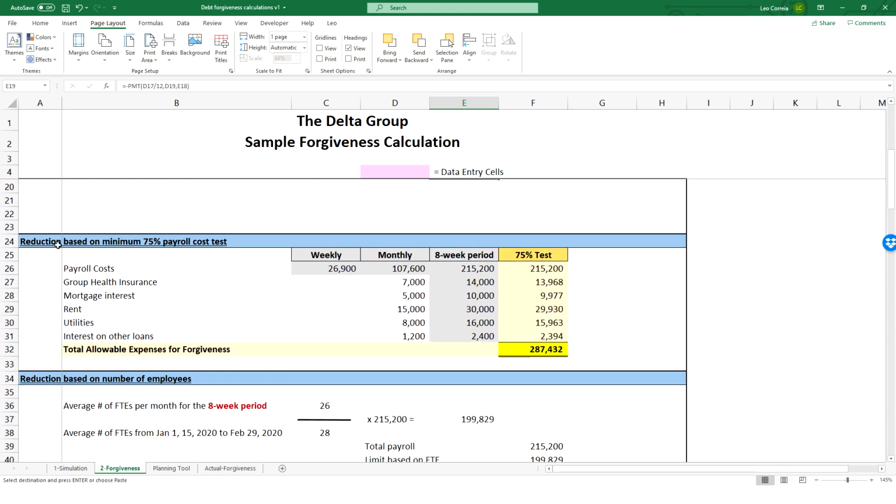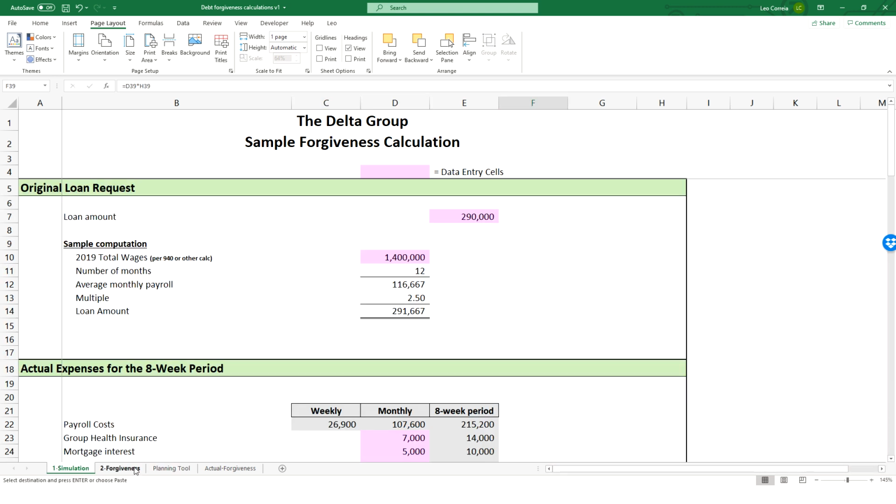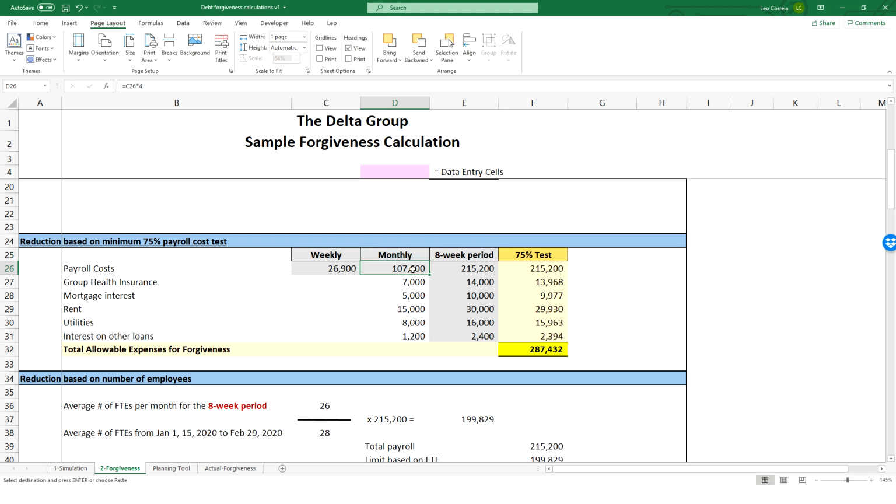So let's look at how some of these results have been calculated. When we look at the reduction based on a minimum of 75% payroll cost test, what we see here is data coming from the worksheets in the simulation page, and it's coming over here to the forgiveness page, and it's being put into the projected spending for the 8-week period of time.